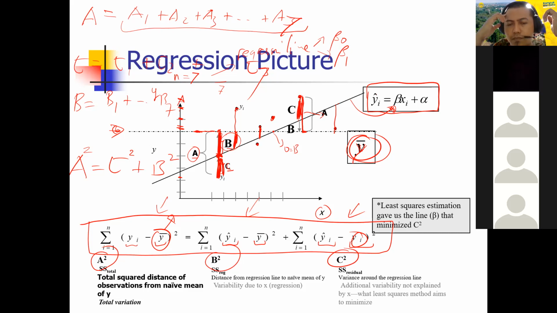Oh, okay. So the question from Hanif is how we can utilize this understanding to improve the model, ya. Better model.